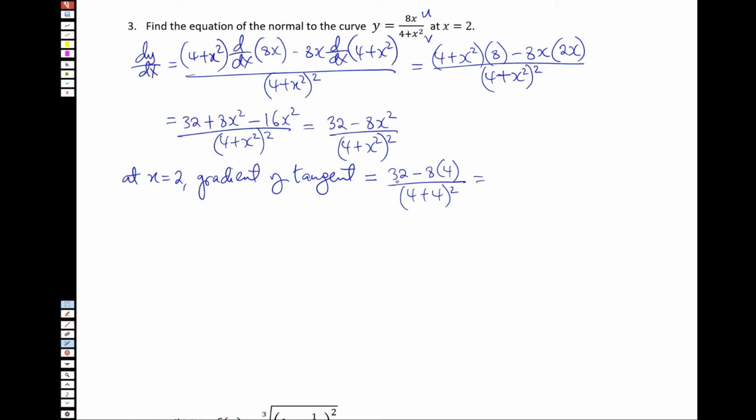Now, obviously, you can notice here that 32 minus 8 multiplied by 4 is 0. So the gradient of the tangent will be equal to 0.